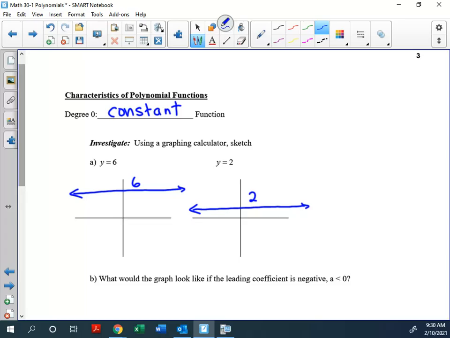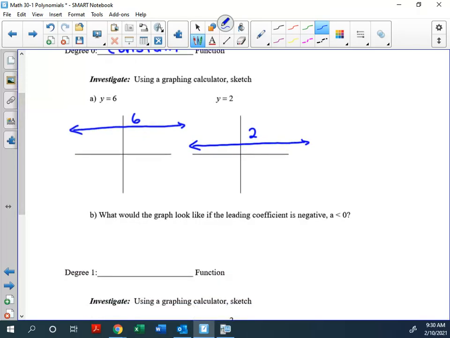All right. What would the graph look like if the leading coefficient, the a value, was negative? Well, if I had something like y is equal to negative 2, it would just merely mean that my horizontal line is below the x-axis. So this one's kind of self-explanatory.